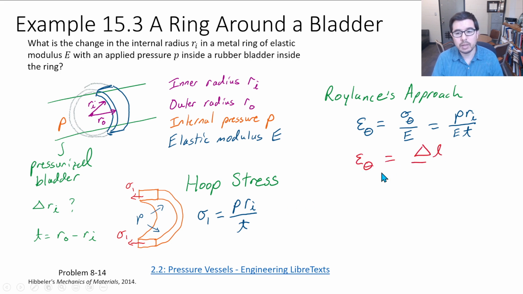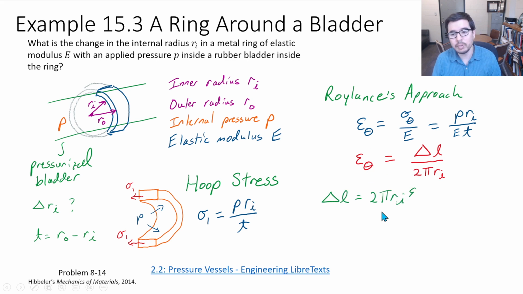And we can also write that the circumferential strain, and we kind of wrote this before, can be thought of as a change in length over the circumference. So what is the change in length over the initial circumference? That's epsilon theta. You see where this is going. We're going to set these two equal to each other.